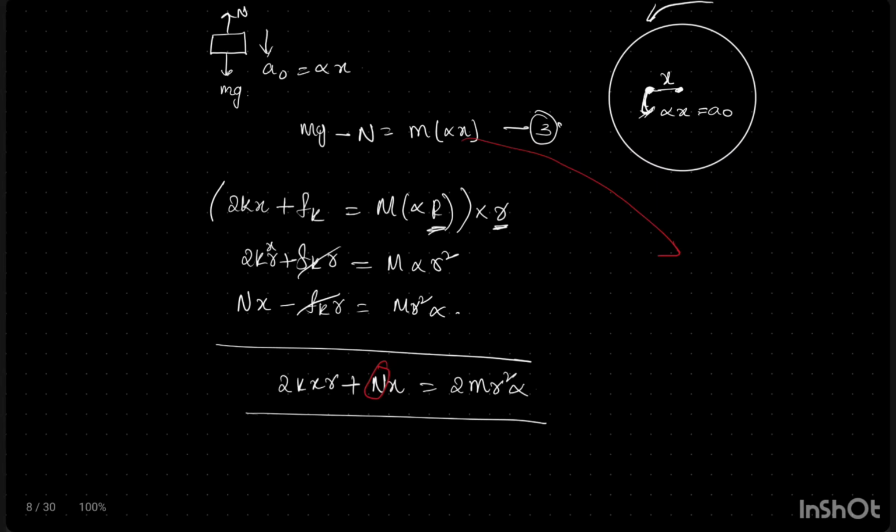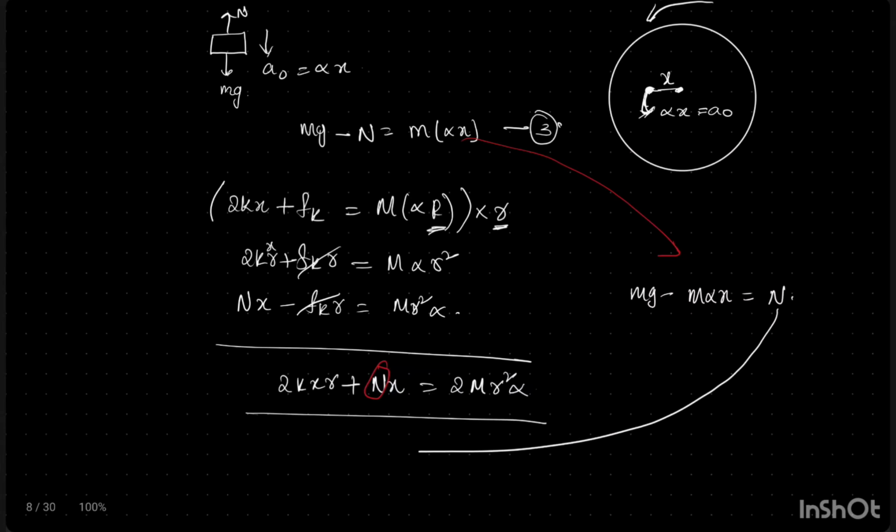So let's take this equation: mg minus m alpha x is equal to, this is capital M here, equal to the normal force.